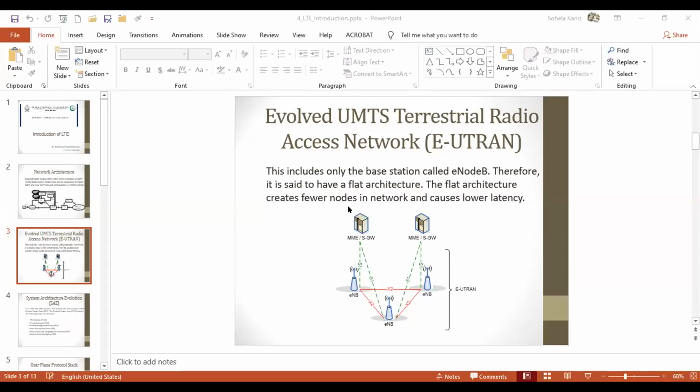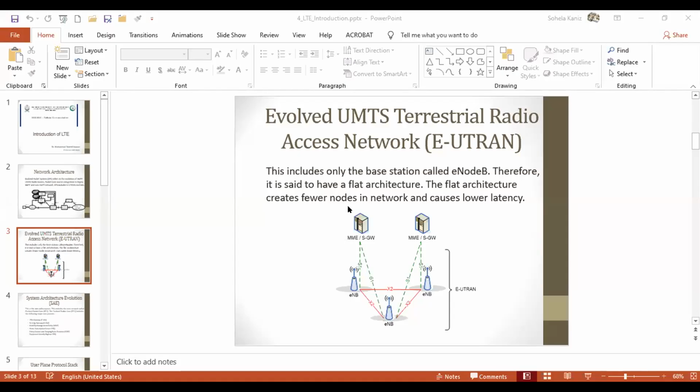Now, behind this base station, you have the core network. In the case of 4G, there is no node between the base station and the core network.